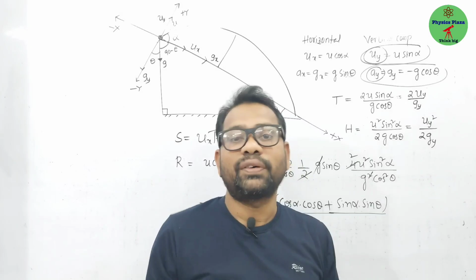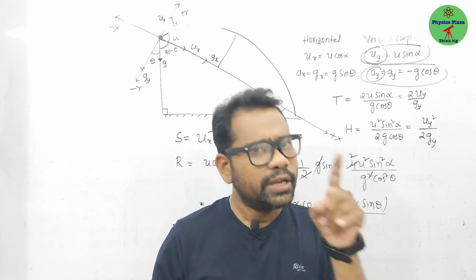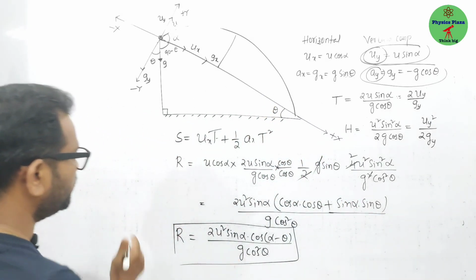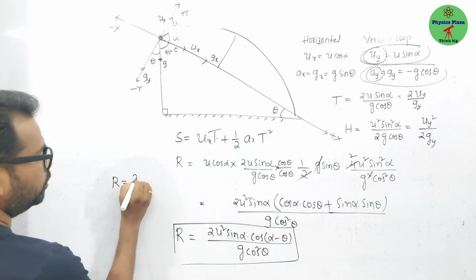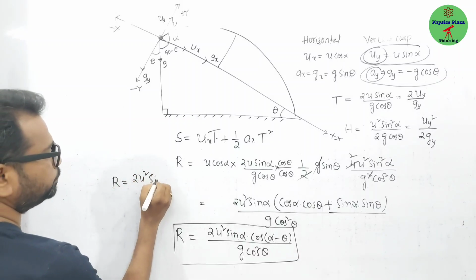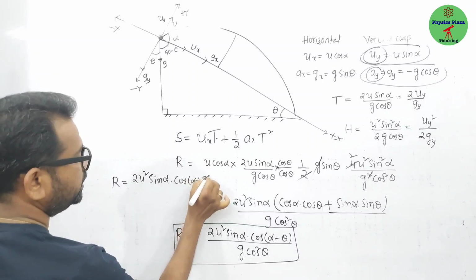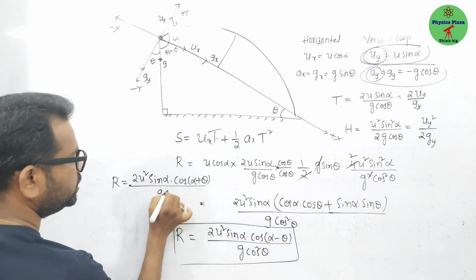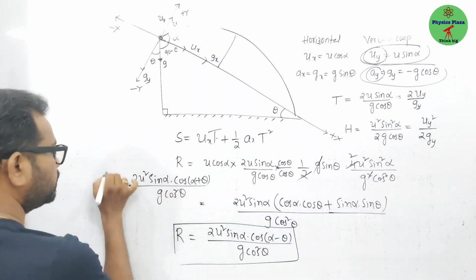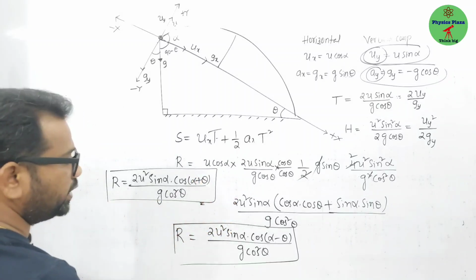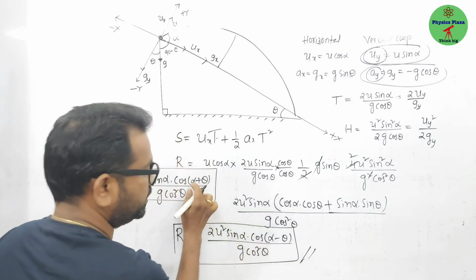Only the range will differ. In the previous case, R is equal to 2u square sin alpha cos of alpha plus theta by g cos square theta, whereas today's expression is this one, a small difference.